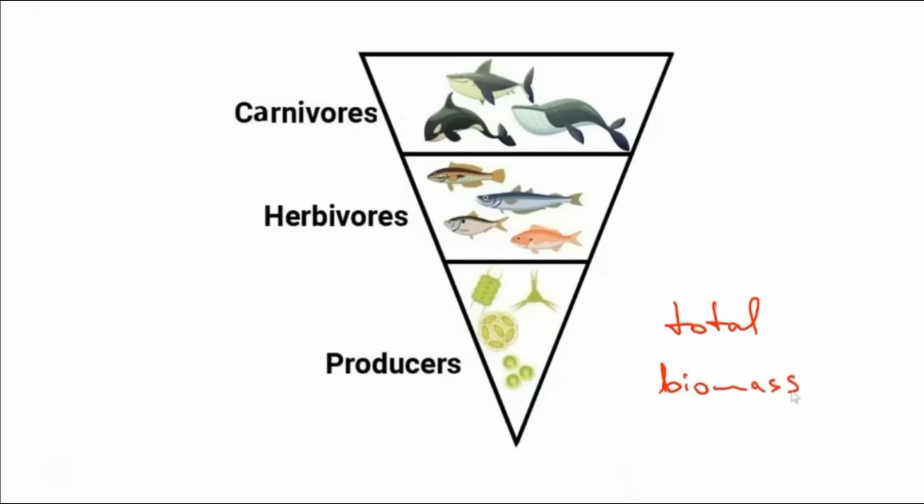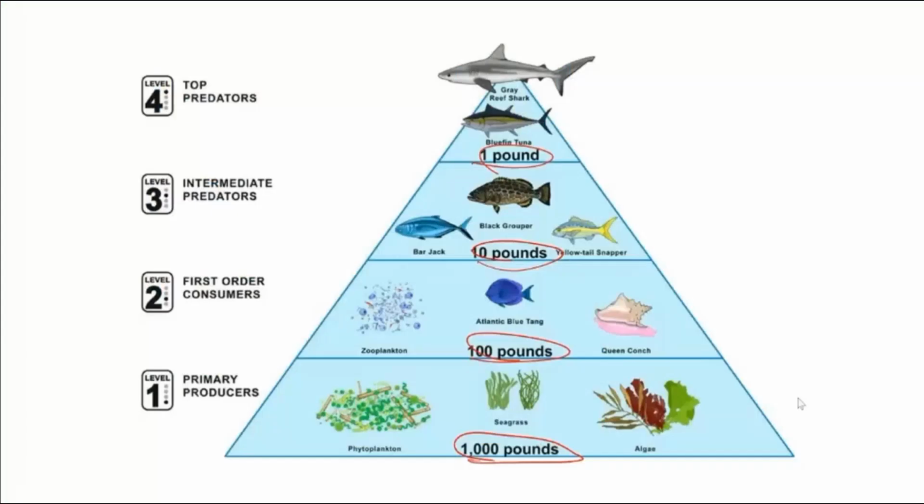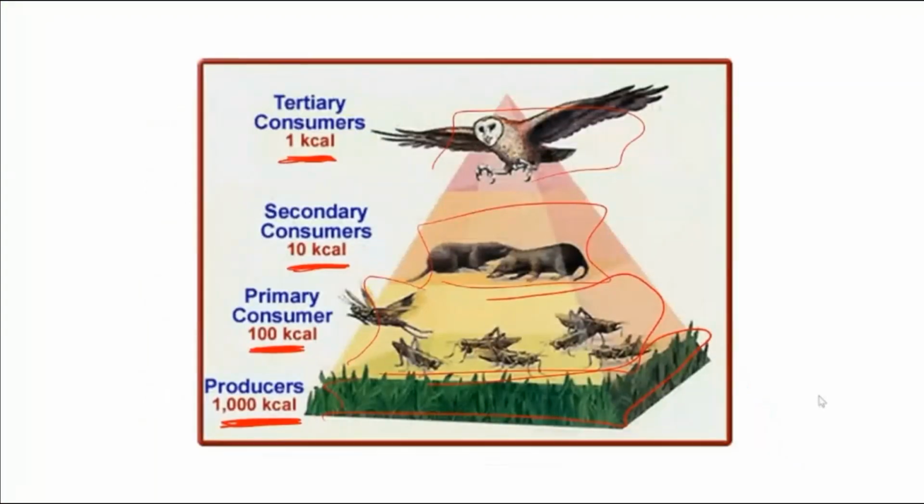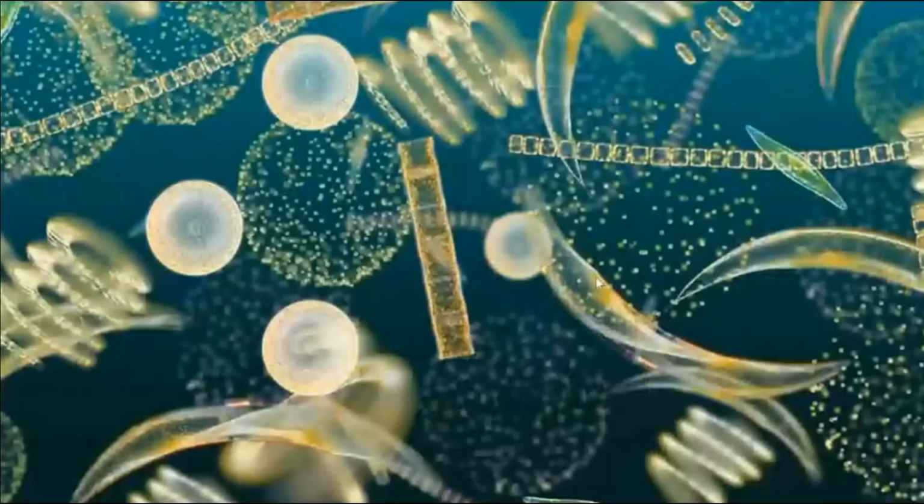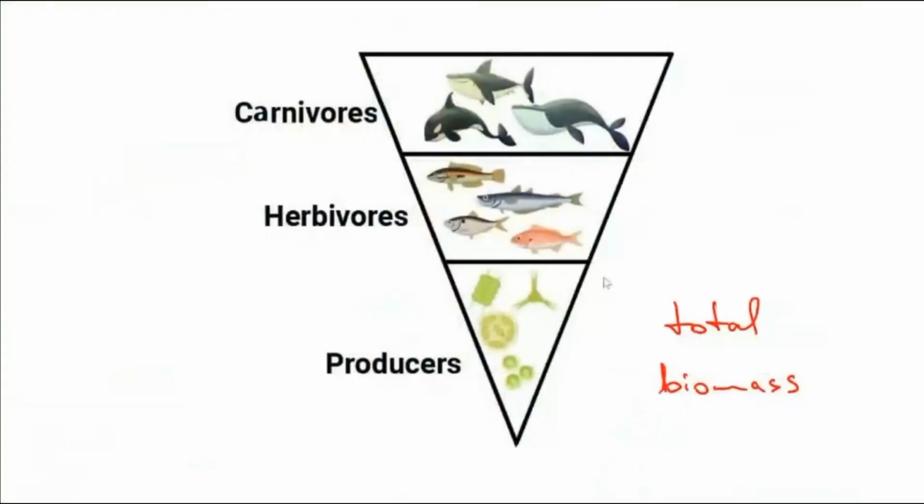Now, as we saw, we needed lots and lots of those producers to supply enough energy for the next layer, and then enough energy for the next layer, and then the next one. But in the marine ecosystem, we have an inverted pyramid. We have a lower total biomass of the producers than we do of the herbivores. And then the carnivores have even more biomass. That just seems a little strange. What could be going on here?